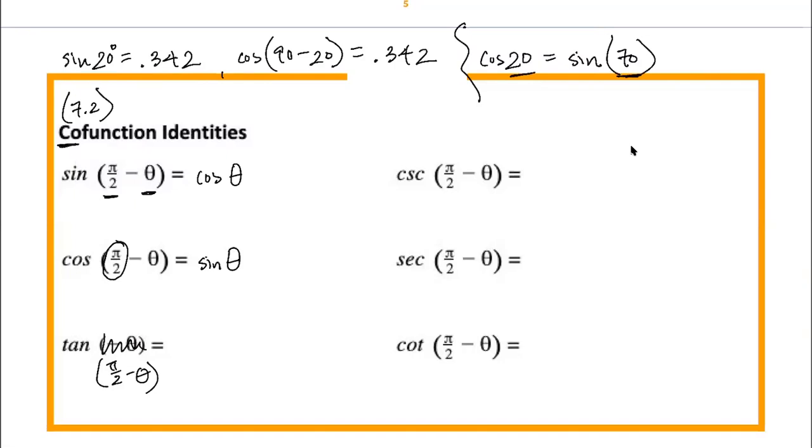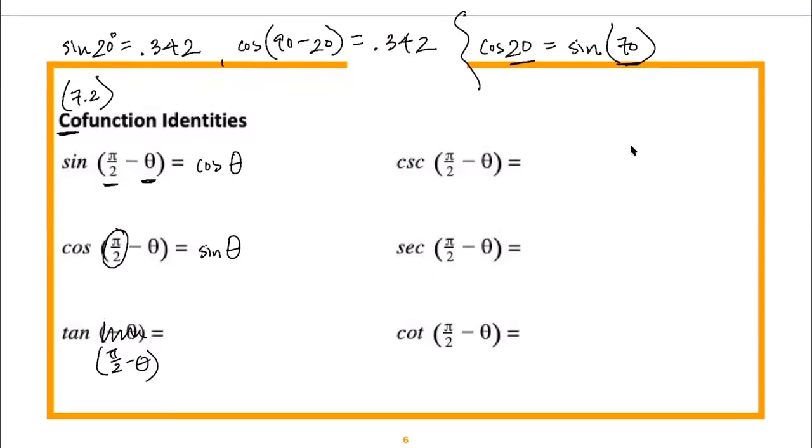And that would be like saying cosine of 90 minus 20 equals sine of 20. So every pair of cofunctions, whatever the function is and its cofunction, those are going to be equivalent when we're looking at complementary angles.